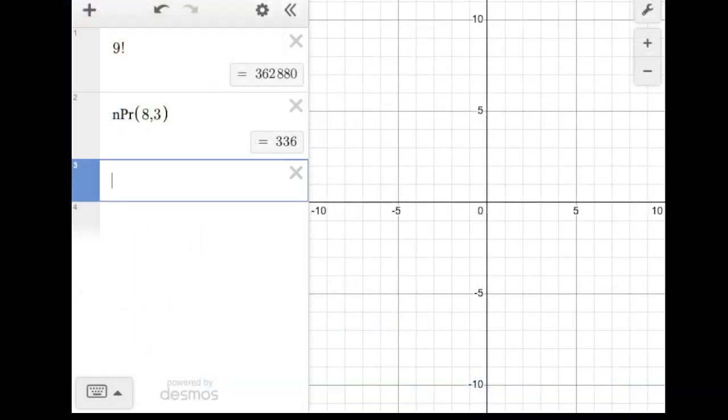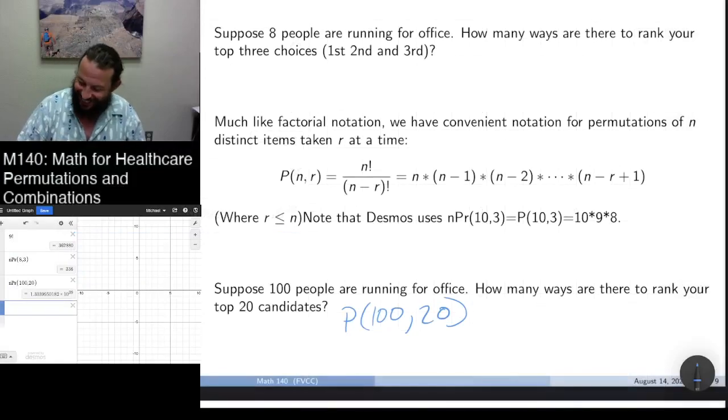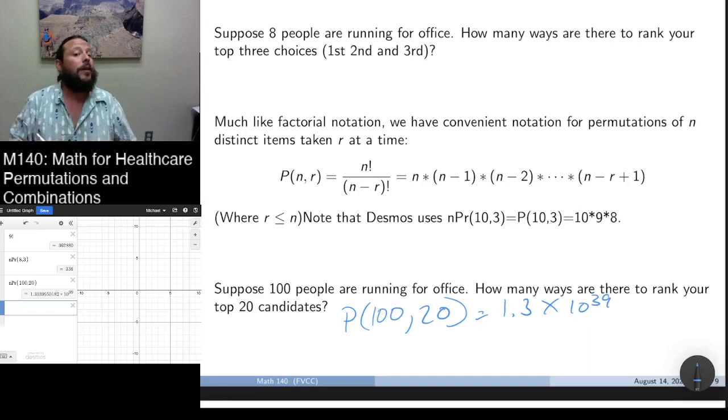We simply say, I want the permutations of 100 distinct items taken 20 at a time. All right, and so that's quite big, 1.3 times 10 to the 39th. Huge number. Huge numbers are going to come up. This is why we learn scientific notation.